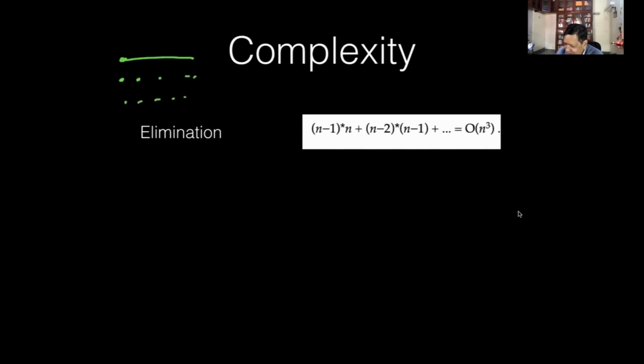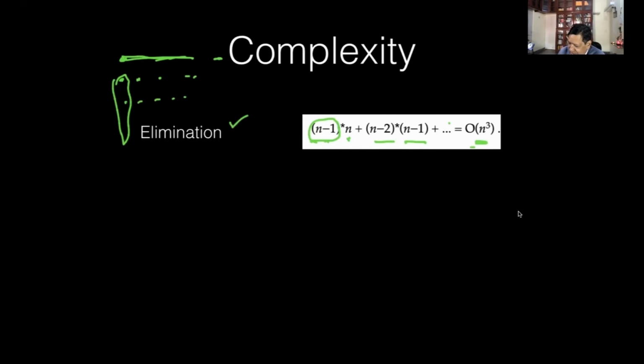So basically we have n minus 1 rows to work with, and you need to set all this to 0, but I have n entries here. So n multiplied by n minus 1. I'm basically getting the order. Then the second time will be n minus 2 times n minus 1, and so on. So this is order n cubed. Each of them is order n squared, and n such steps is order n cubed for elimination.